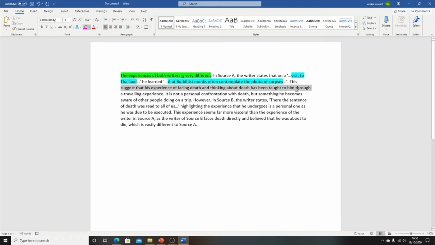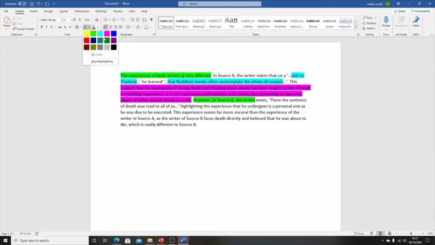So suggest what he is going through, that it's not personal confrontation, but something he becomes aware of other people doing on a trip. So again, I've brought it back to the question of showing a difference then, and in source B, I have used a quotation to support that.